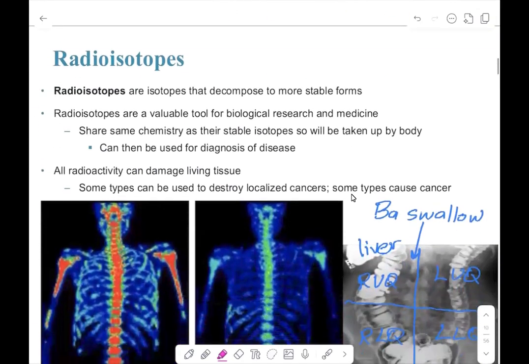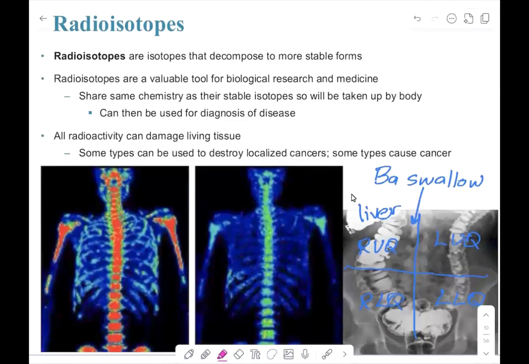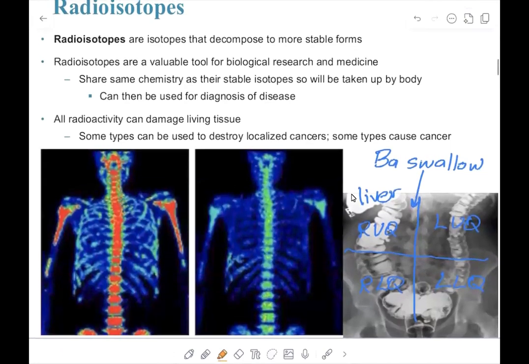And the one example of how we use these in medicine is so that we can identify problems that a patient might have. So radioisotopes are isotopes that decompose to more stable forms, and they're valuable tools for biological research in medicine. Some can destroy localized cancers, but they're also very important for diagnosis of diseases.